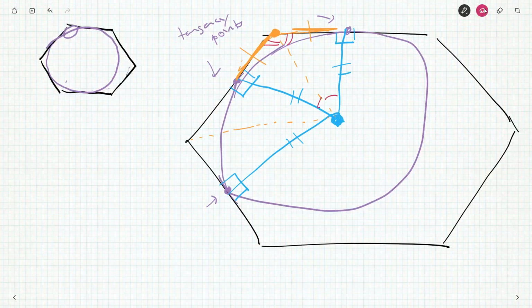But the intersection point of the lines of tangency is not arbitrary. They've got to be the corners of my hexagon.